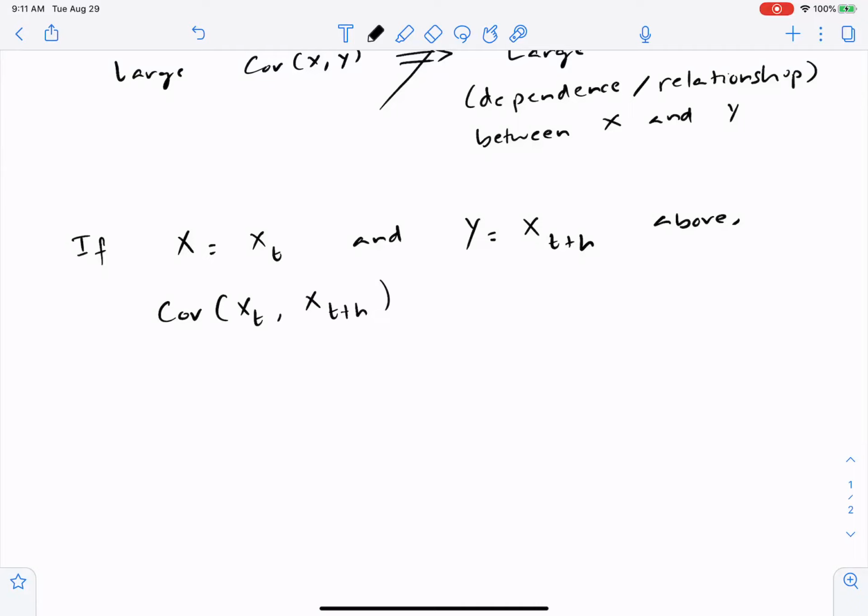I believe your book might use the letter L for the lag parameter that I am denoting as H. So maybe L or H, it's the same thing, but I'll put a note here. H is the lag parameter. I'm going to use H because it is conventional.